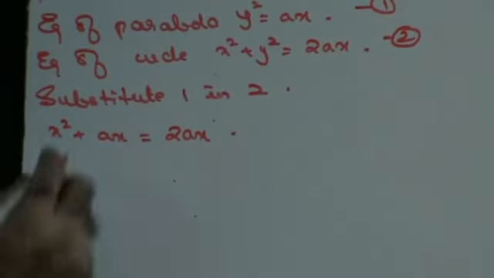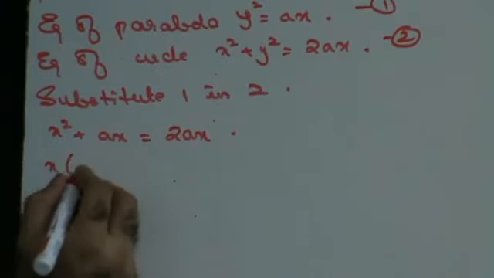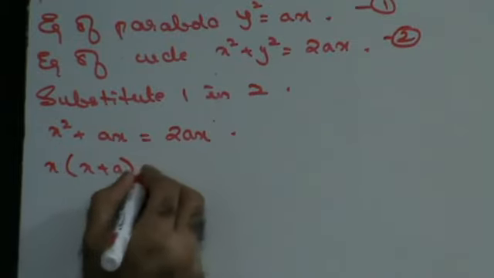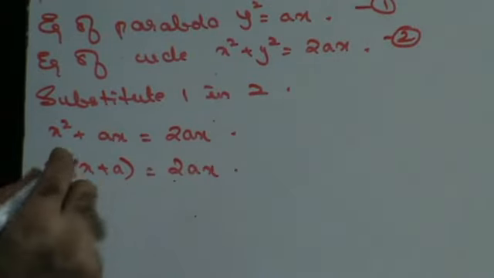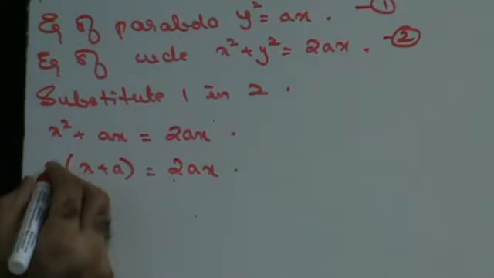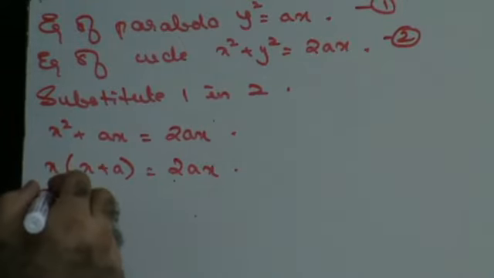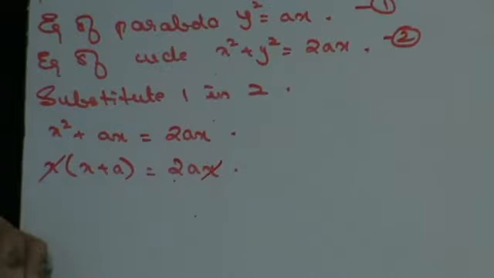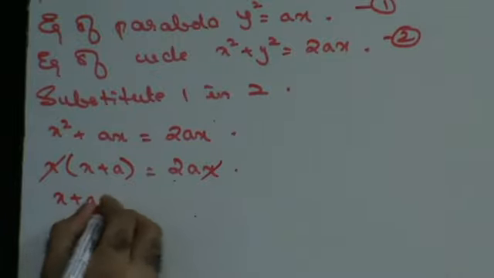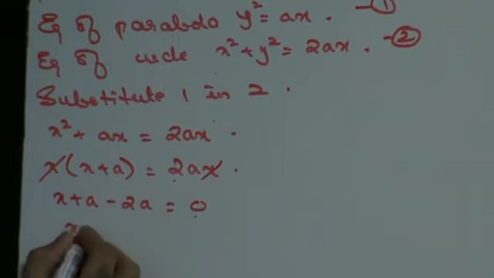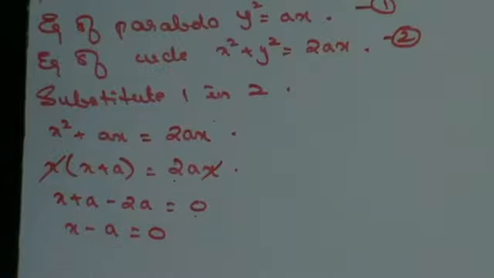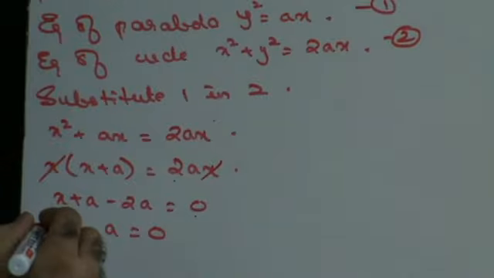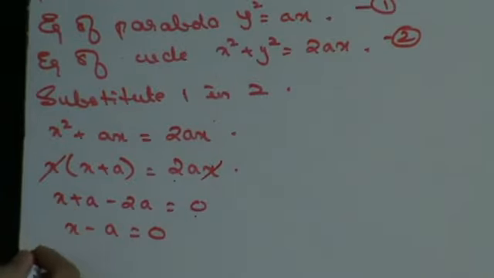Taking x common, x plus a is equal to 2a, and x cancels. So in that case you will get x plus a minus 2a is 0, x minus a is 0. So I can say that x is equal to a.